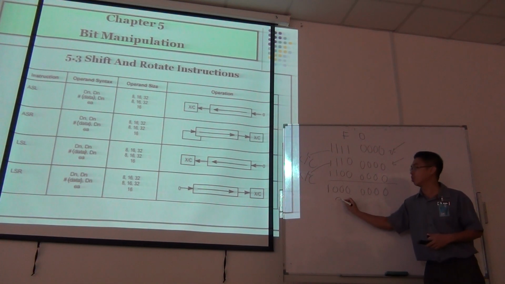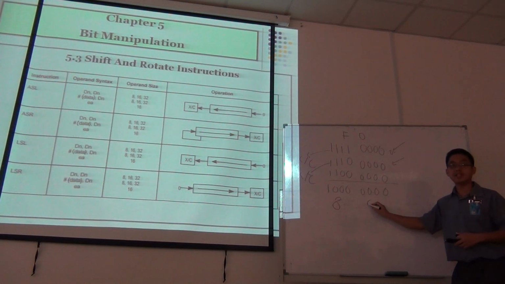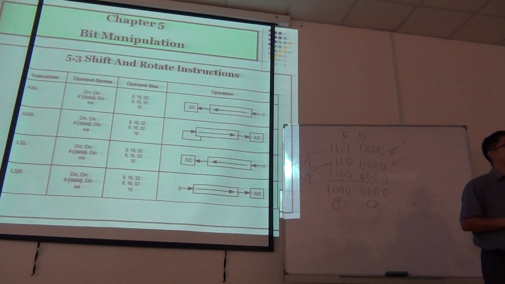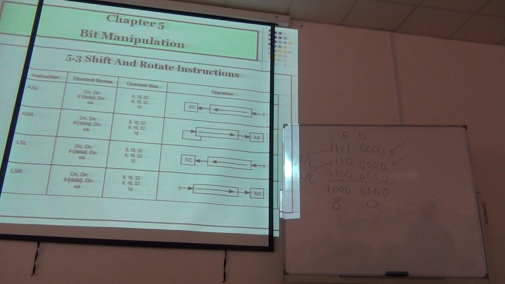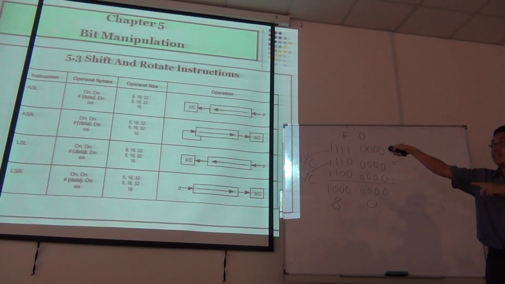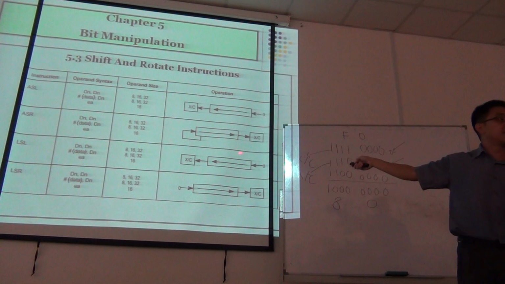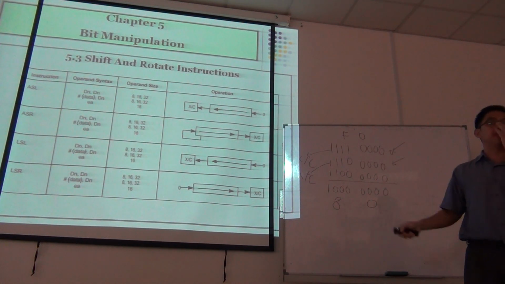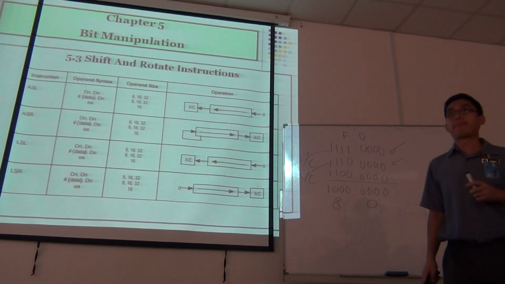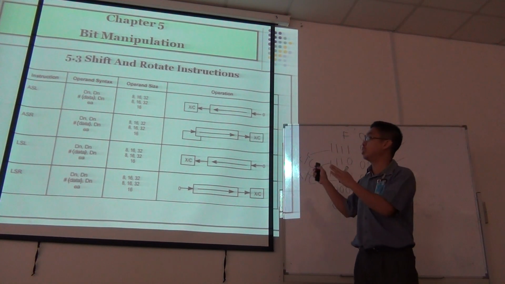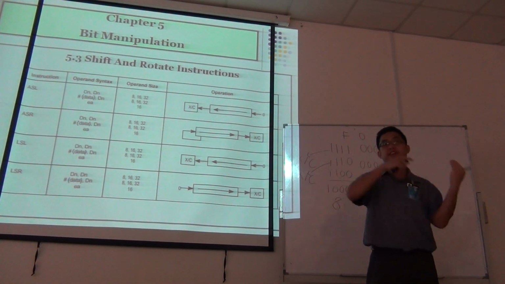This is equivalent to 8 and 0. The result in the computer must have this result. Okay, understand? You have to understand this concept only. The concept is on the table. Do you want to shift right or shift left?